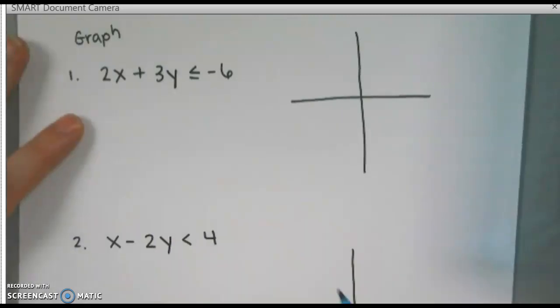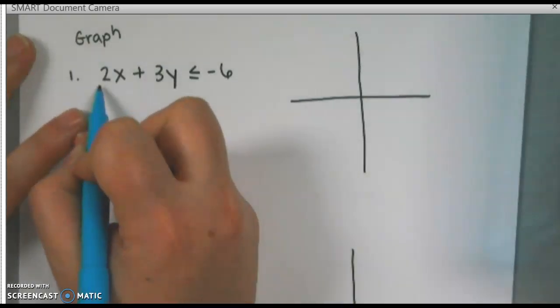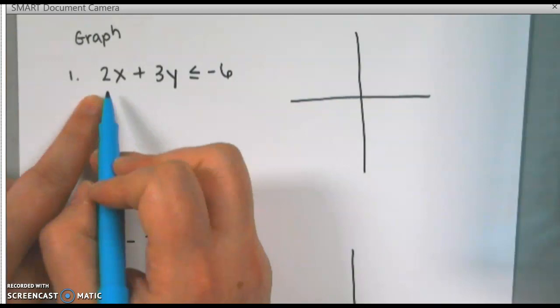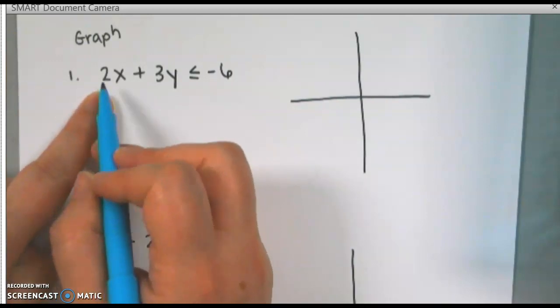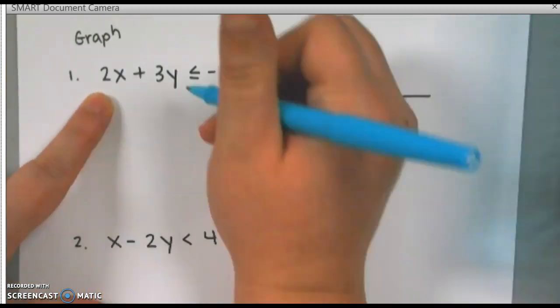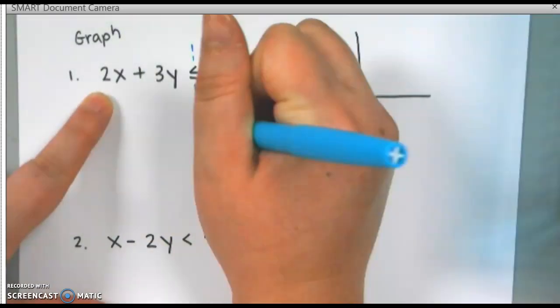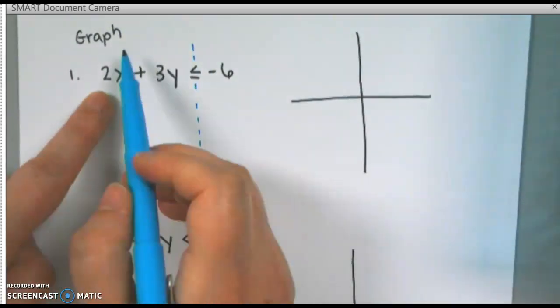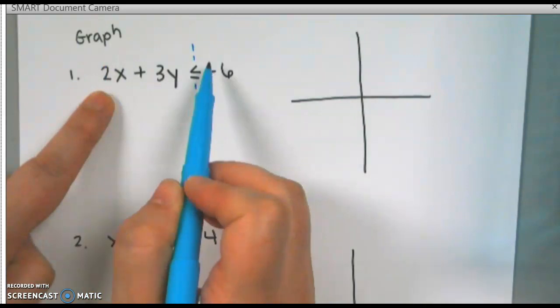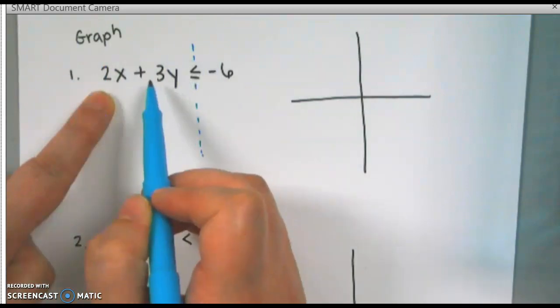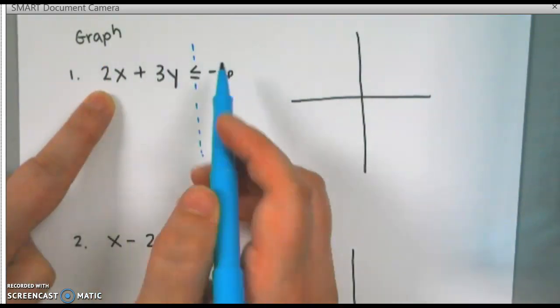The first thing that we have to do is move the x. My x is positive. When I move it, it's going to be negative. Keep in mind, I'm moving it from the left half over to the right half.